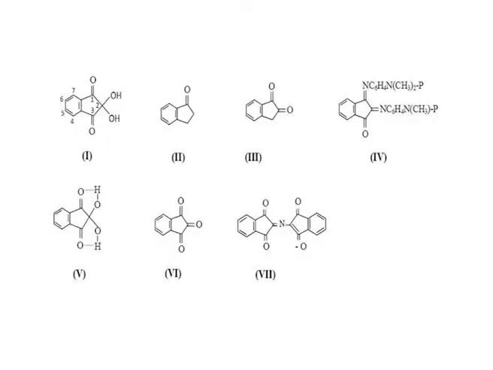Normally, organic compounds having two hydroxyl groups on the same carbon are unstable. However, Ninhydrin is stable. It owes its stability to intramolecular hydrogen bonding as shown in the structure on your screen.